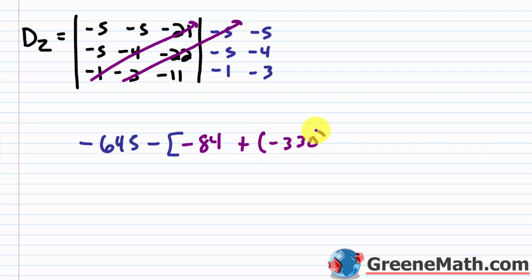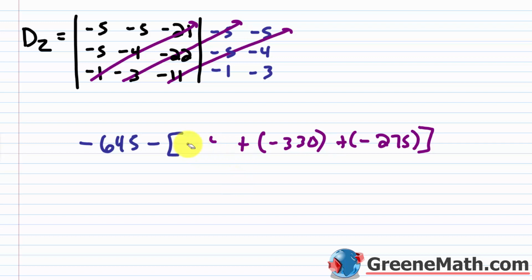Okay. So then lastly, I'm going to do this one. So you have a negative there because it's 3 negatives. So let's just put that in first. We know that 5 times 5 is 25. Then times 11 would be 275. So this would be negative 275 here. Okay. So what we want to do is sum these amounts. So negative 84 plus negative 330, that's negative 414, plus negative 275 is negative 689.